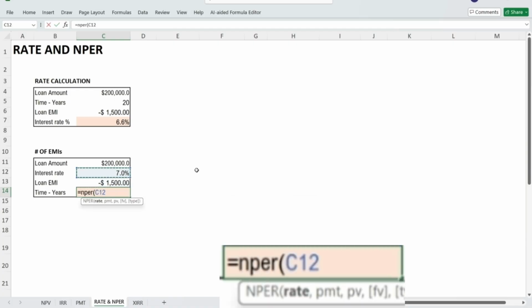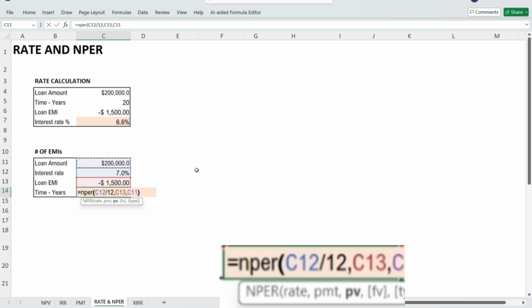The first input is rate, so we'll link it to C12 and then divide it by 12 because we need the monthly rate, comma, PMT is $1,500, comma, the present value of the loan is $200,000, and then we can leave the FV, which is future value, and type blank, because they are optional.